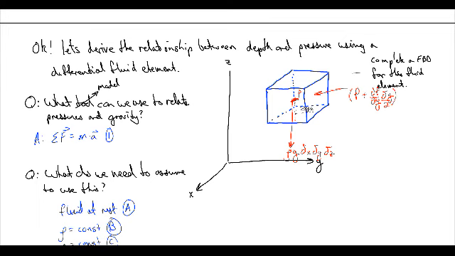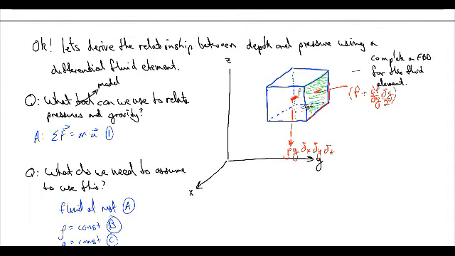Great. So that's our pressure. Now to get it to be a force, we have to multiply by an area. And the area that we're looking at is this area here. So that is going to be delta x times delta z.